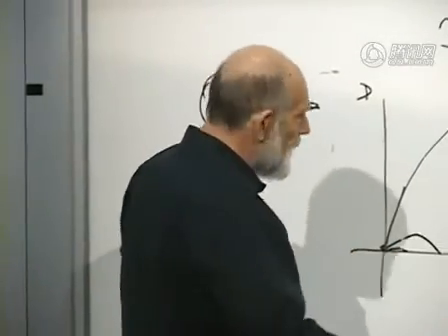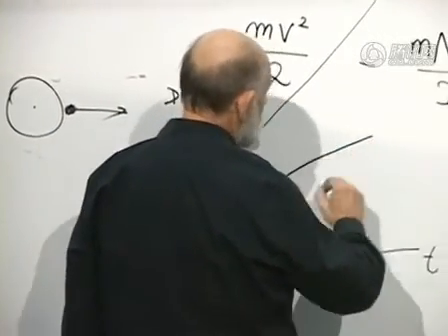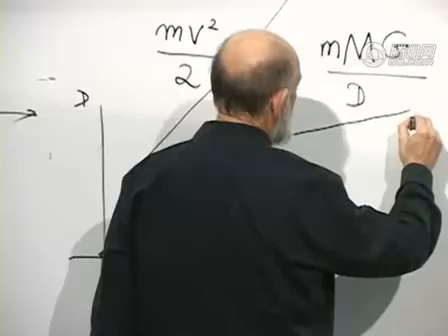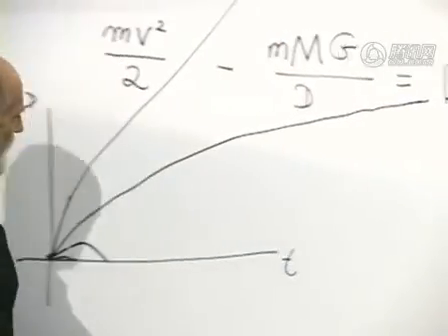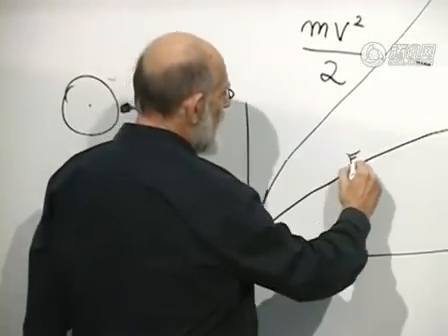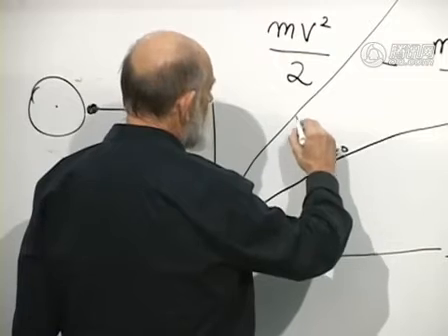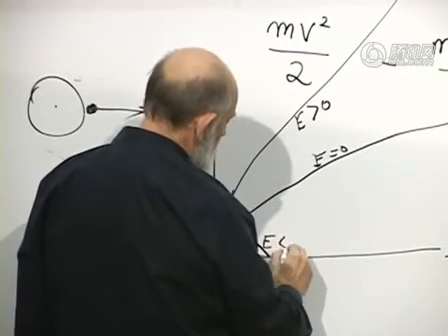That is the escape velocity. And your distance just keeps increasing, but at an ever decreasing rate. So that's the escape velocity. This is E equals 0. This is E greater than 0. And these are E less than 0.